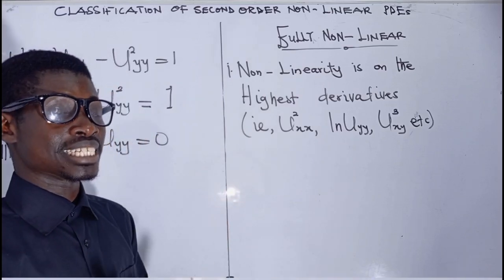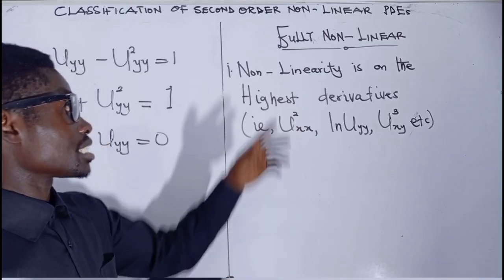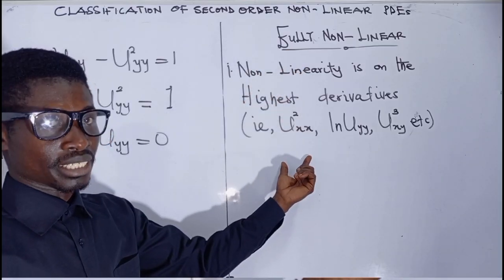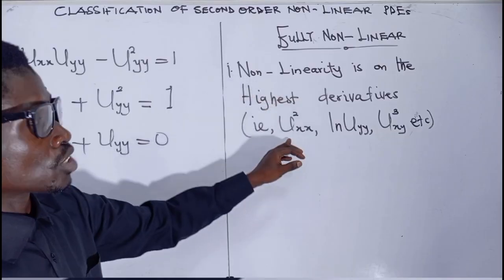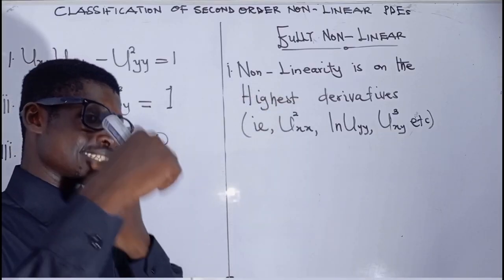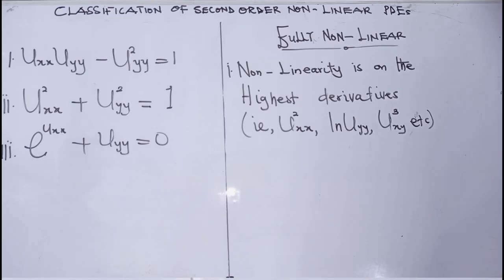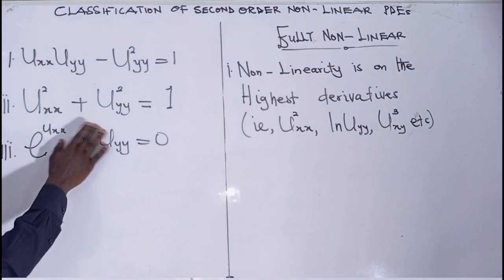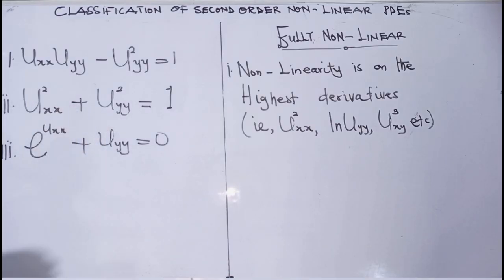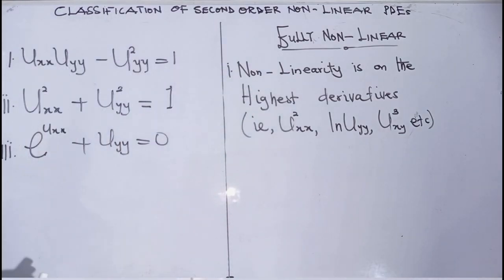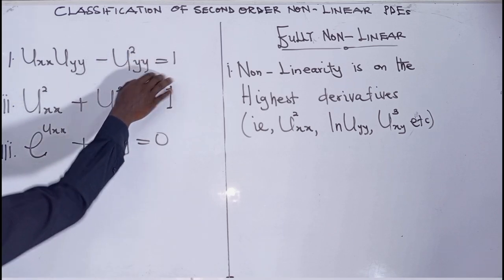It is very, very easy to identify. As I said, with the classification, our focus should be on what? The highest derivative. If the highest derivative is nonlinear, then that PDE becomes a fully nonlinear PDE. So we have an example here that we want to look at to see if they are actually fully nonlinear or not. In the first one, you can see that we have U_xx multiplying U_yy, and then we have U_yy squared.